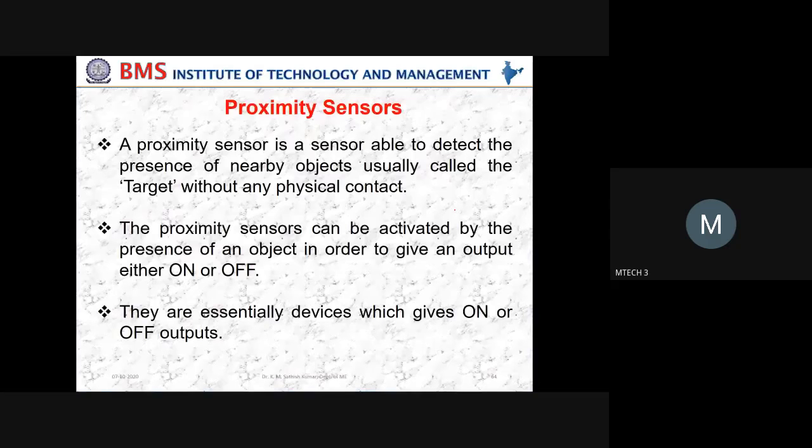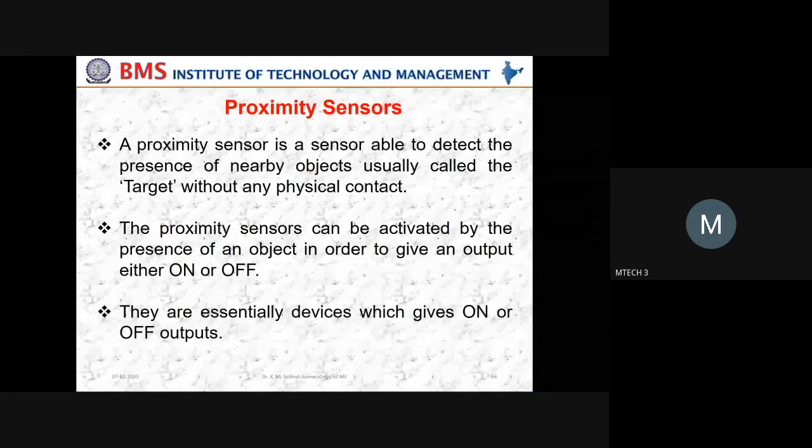They detect the presence of an object. When a proximity sensor detects the presence of an object, it says on. When it doesn't detect the presence of an object, it says off.